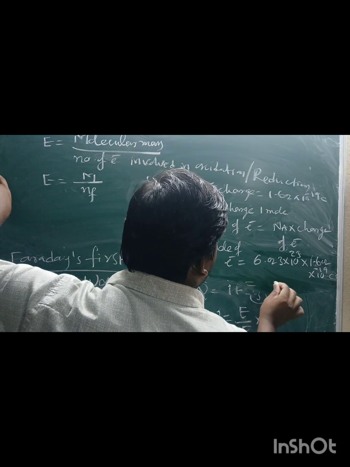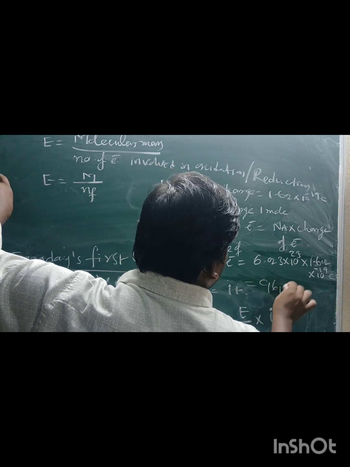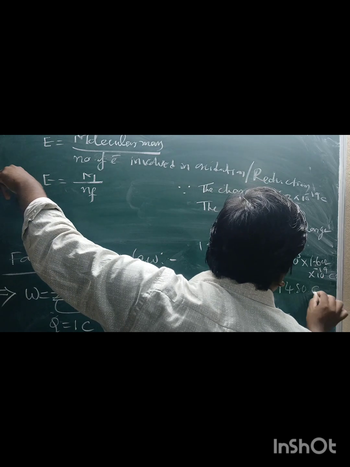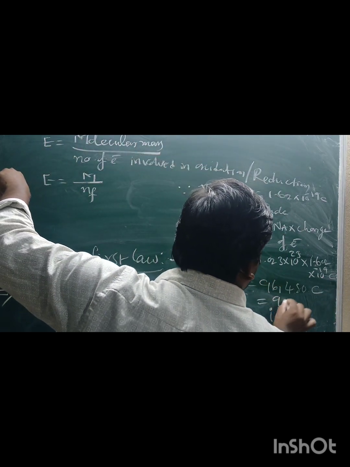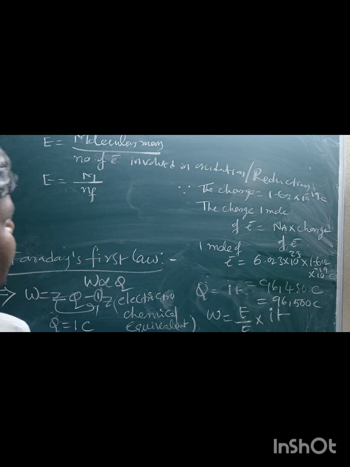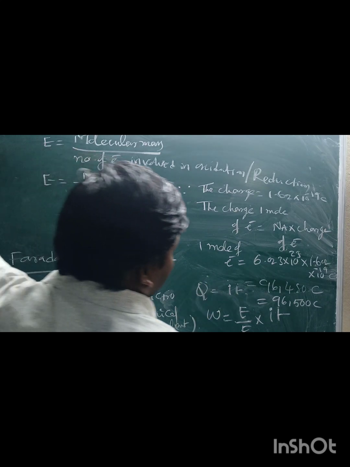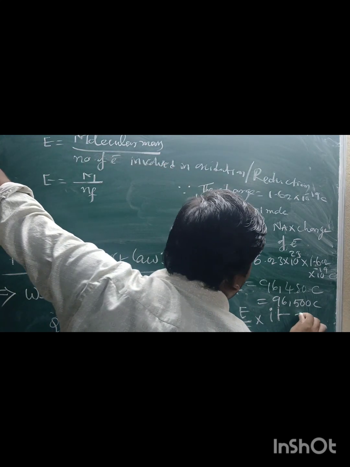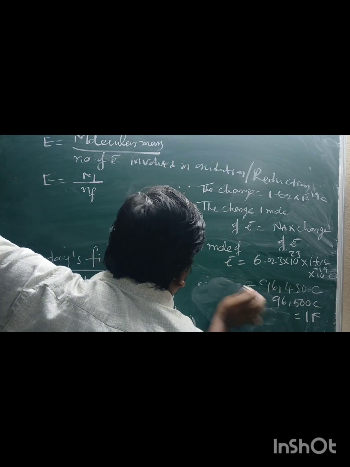Simplifying, that is equal to 96,480 coulombs, nearly 96,500 coulombs. So 1 mole of electrons is 96,500 coulombs, equal to 1 Faraday.